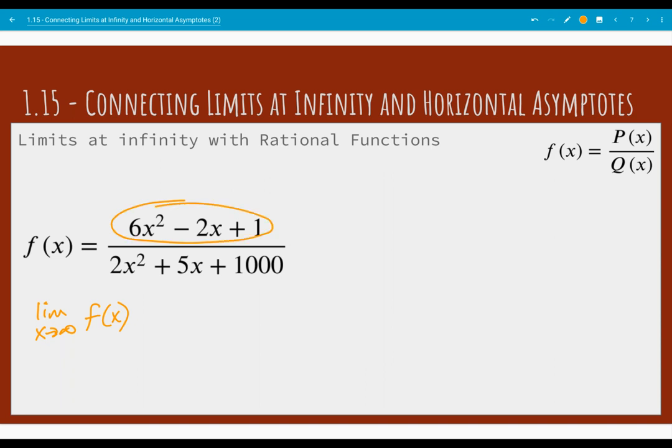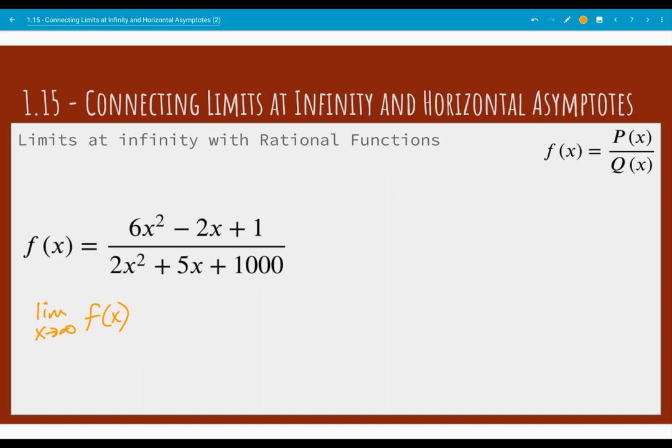So looking just at the numerator, if I plug in a really big number for x, and by really big, it's kind of an arbitrary choice, we could say 1,000 is a big number or 1,000,000 is a big number. Well, the bigger the number I plug in for x, let's say 1,000,000, when I square it, this is going to have a really big impact on the value of the numerator, where this term right here, I'm not squaring it, it's just 1,000,000, isn't going to have as much of an impact, and this term here is going to have very little relative impact compared to the other terms.